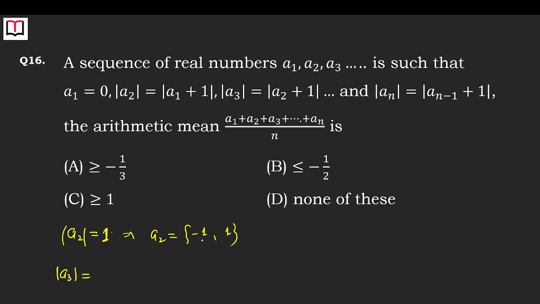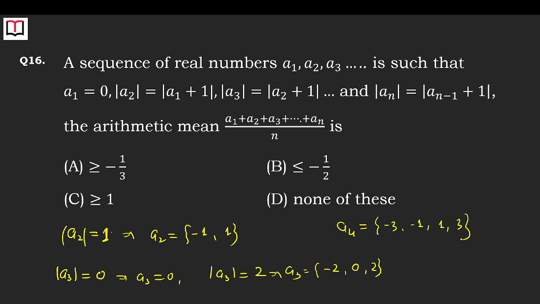So if I go for a2 as minus 1, it is 0, so one of the possible values is 0. Similarly, mod a3 can be 2, so the other possible value of a3 can be minus 2. So the possible values are minus 2, 0, 2. Likewise, if you go for a4, keeping different values, it will be minus 3, minus 1, 1 and 3.